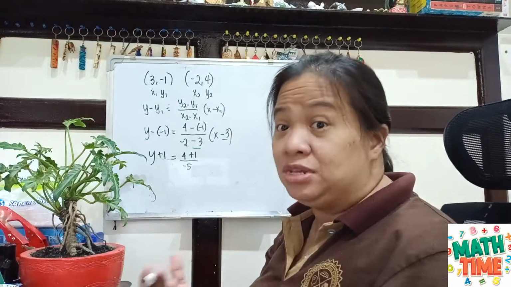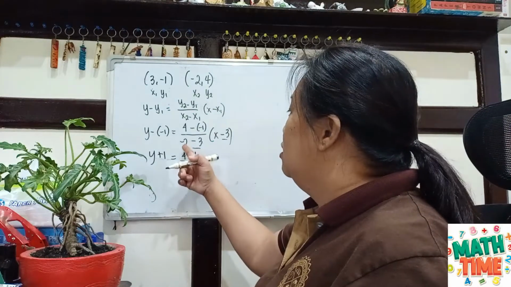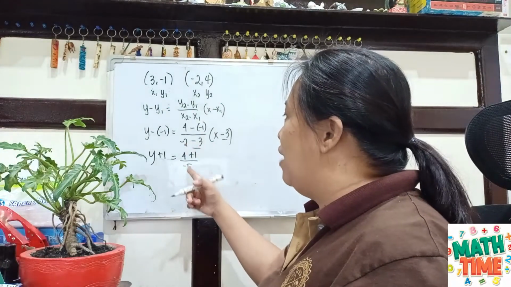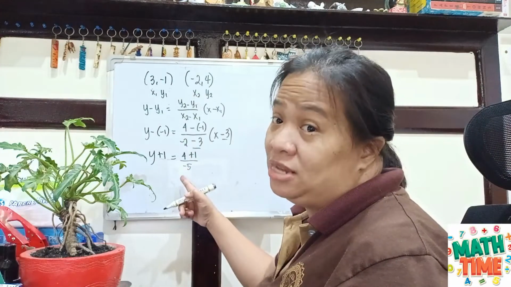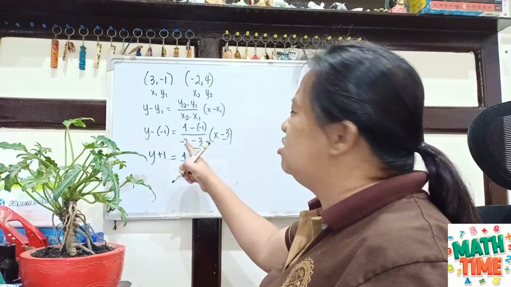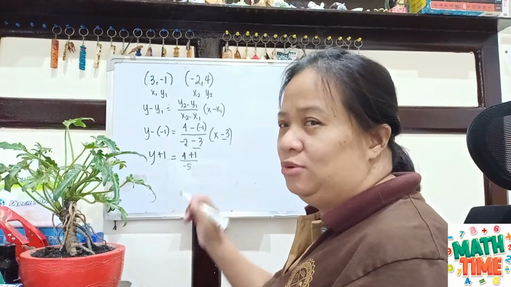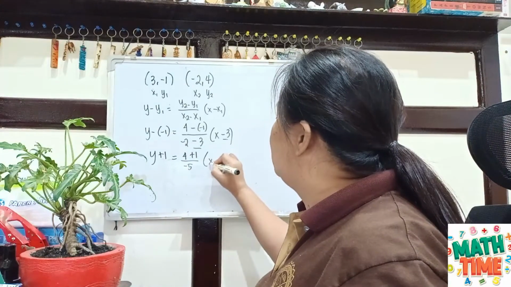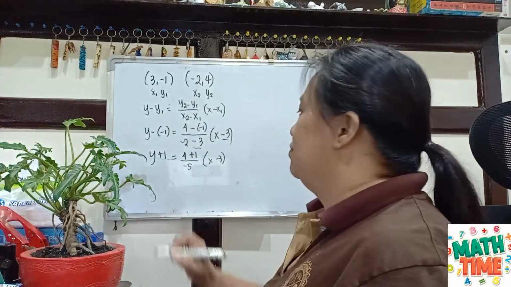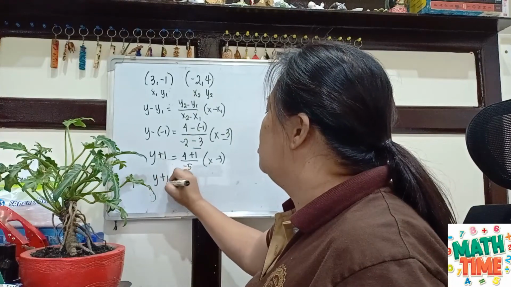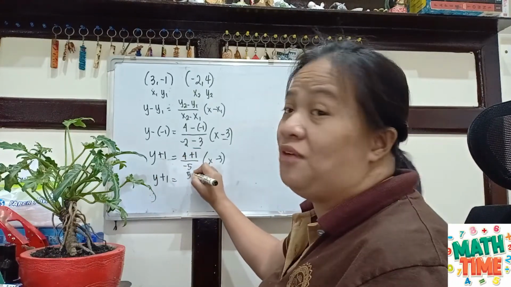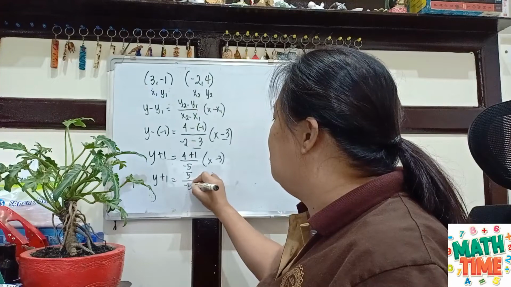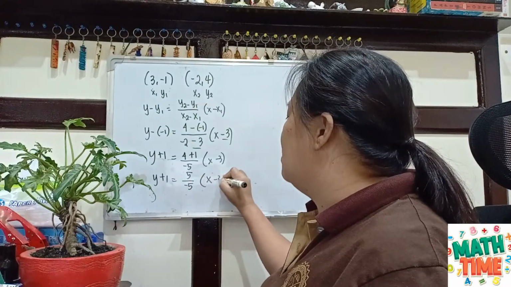Since they have the same signs, you add 2 and 3, which is 5, then copy the common sign negative. So it could also be copy, change, okay? So, x minus 3. So, y plus 1 equals 4 plus 1 is 5 divided by negative 5 times x minus 3.